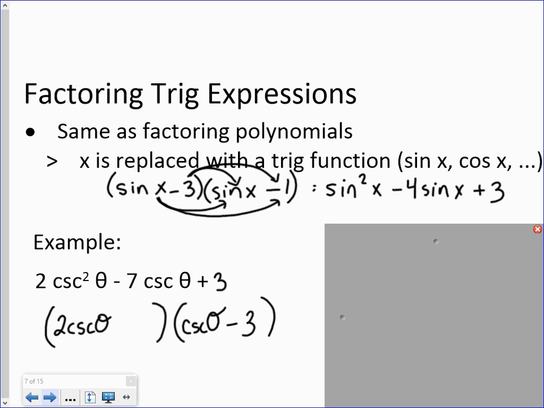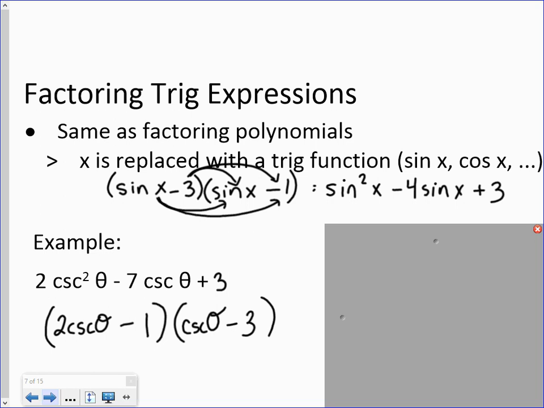And then we'll have a -1, so that we get -7. And then if you were to do your last terms, -1 times -3 is +3. So you'll be on the lookout for trinomials, and those are a little bit easier to spot.